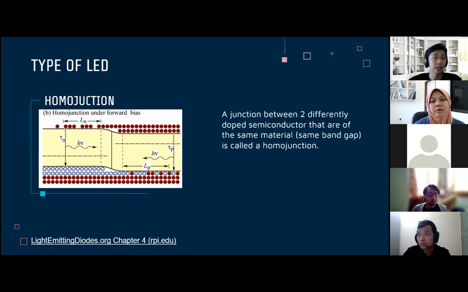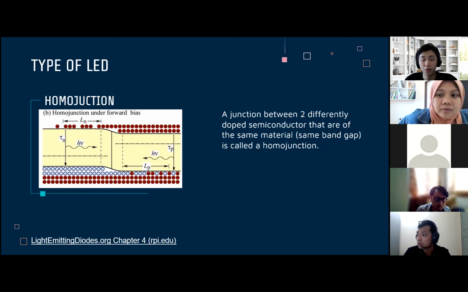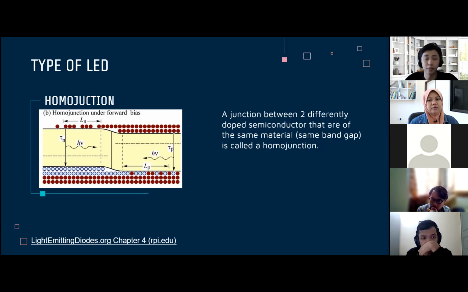There are two types of LED, as I mentioned before. The first is homojunction, which uses the same material but different types. One is P type, which has a lot of holes, and another is N type, which has a lot of electrons.